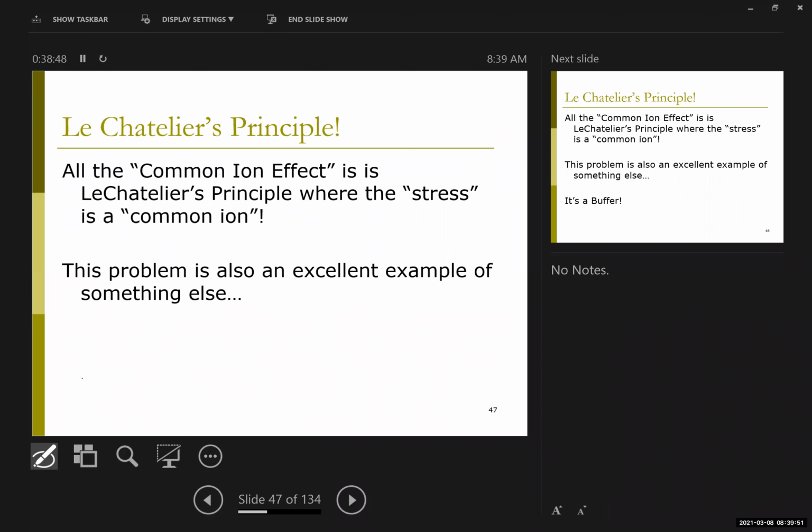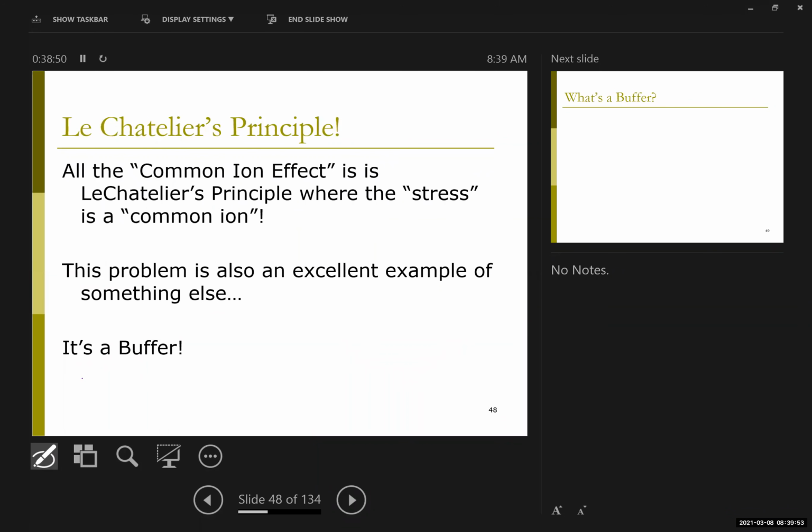It is Le Chatelier's principle, it is the common ion effect, but because there's so much acetate, this is an example of what's known as a buffer solution. I've essentially swamped my reaction with the product before I even did the reaction.